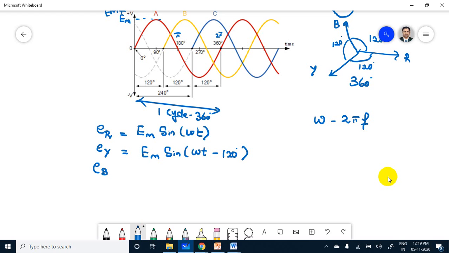Now EB equals EM into sine of omega t minus how much?